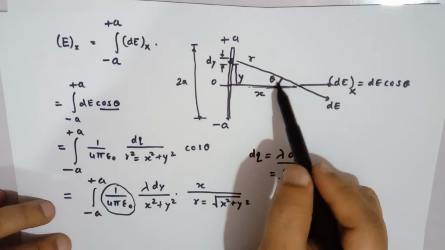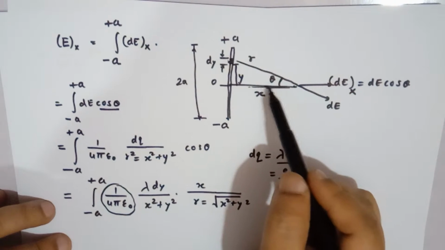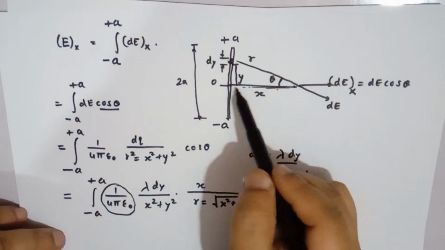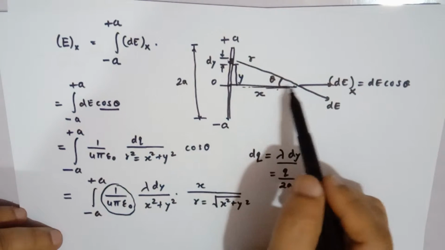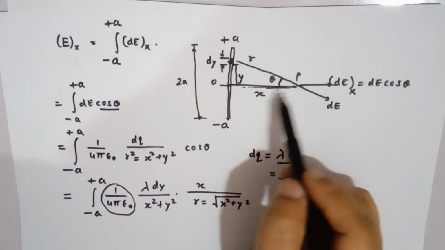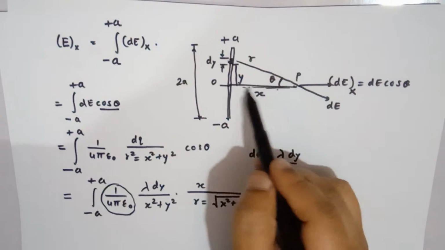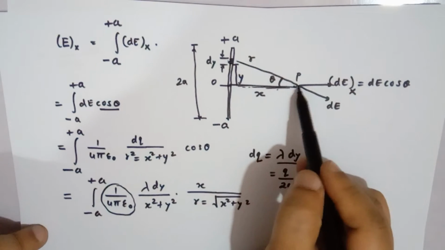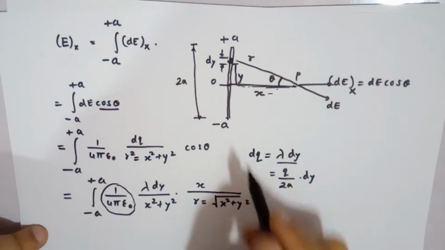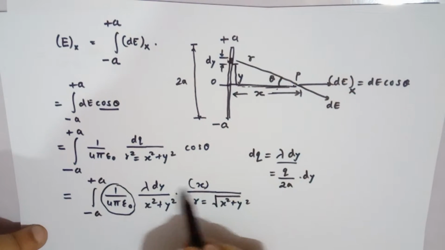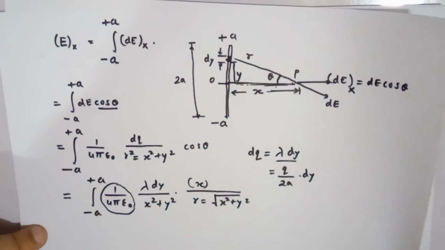Theta would also change but x would remain constant. Because x is the distance from the middle point of that rod to the point, suppose P, where electric field intensity is to be calculated, that distance is the same. So it can be considered constant, and I can take x out of that integration sign.